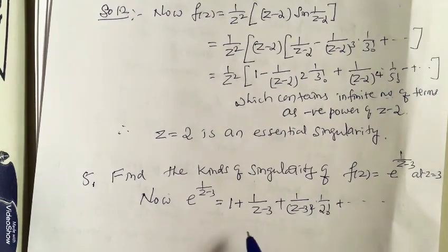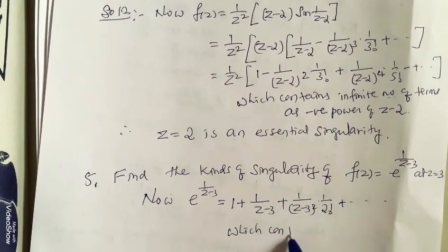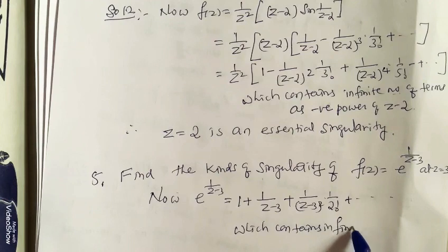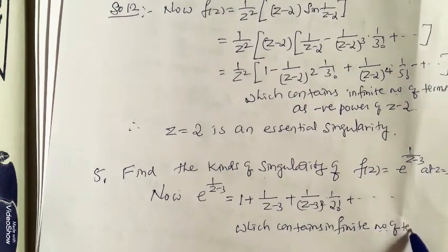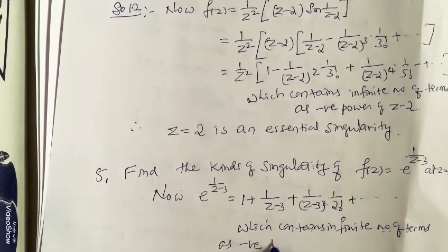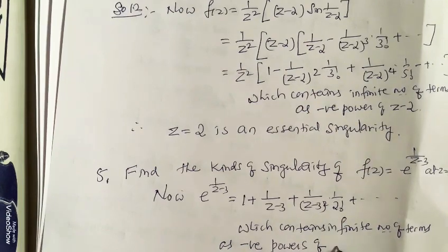So automatically you can say that it contains an infinite number of terms as negative powers of z minus 3.